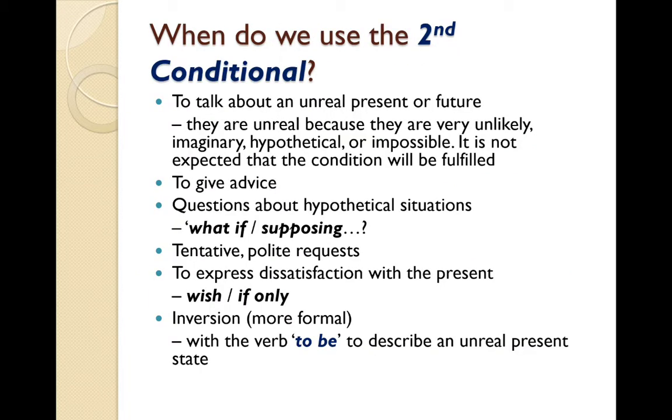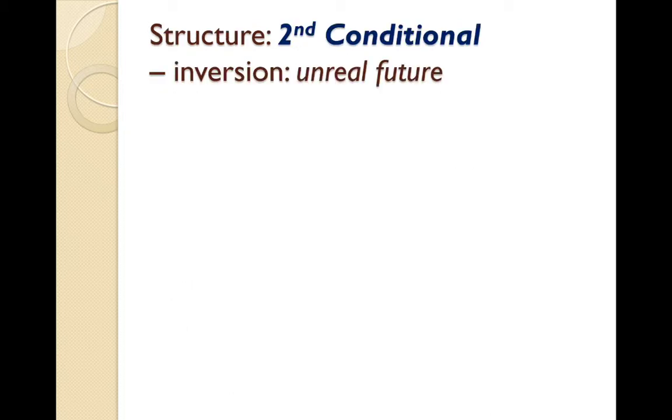Now, the second way that we can use inversion in the second conditional is with other verbs, and if we use verbs that are not the verb to be, we are describing an unreal future. So the unreal future with inversion.